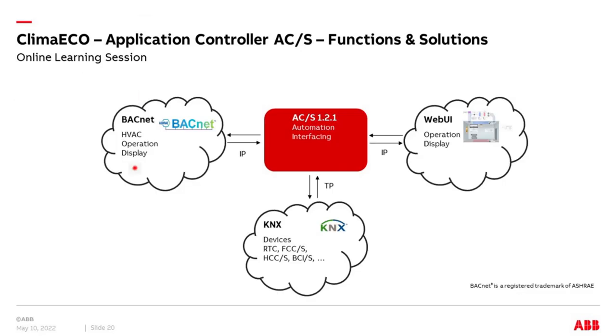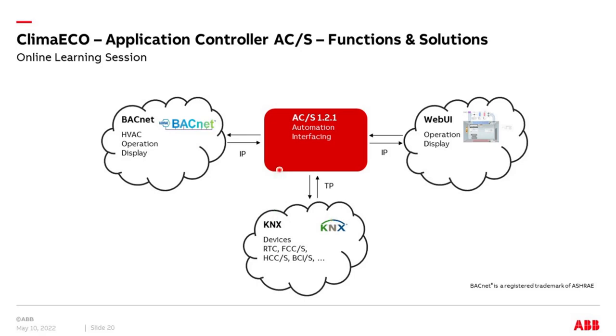Yeah, what else can we say about the product? We have the way to communicate to BACnet, to the web user interface, and to KNX, always in both directions. For BACnet, we talk BACnet IP. We use the Ethernet port in the device. To connect the web user interface means to connect your PC with a browser, which needs also an IP connection. But again, to KNX, we communicate with a traditional twisted pair connection terminal at the device.